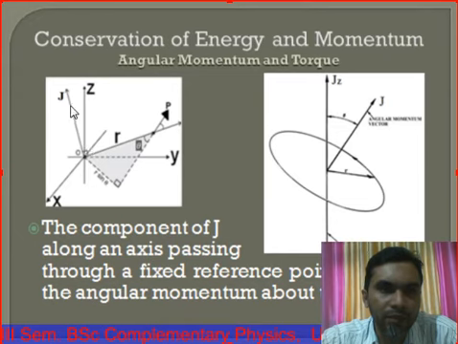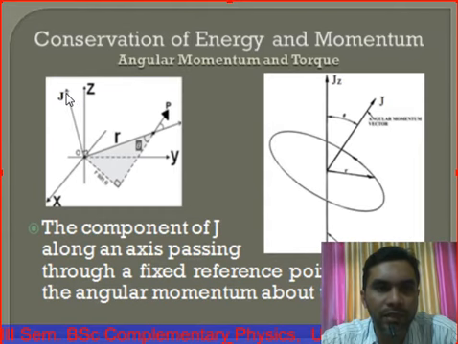As angular momentum is a vector quantity, it can also be resolved into different components. So here j can have an x component, a y component or a z component. So the component of j along any axis passing through the fixed reference point, this is our reference point O. So we can take the z axis.